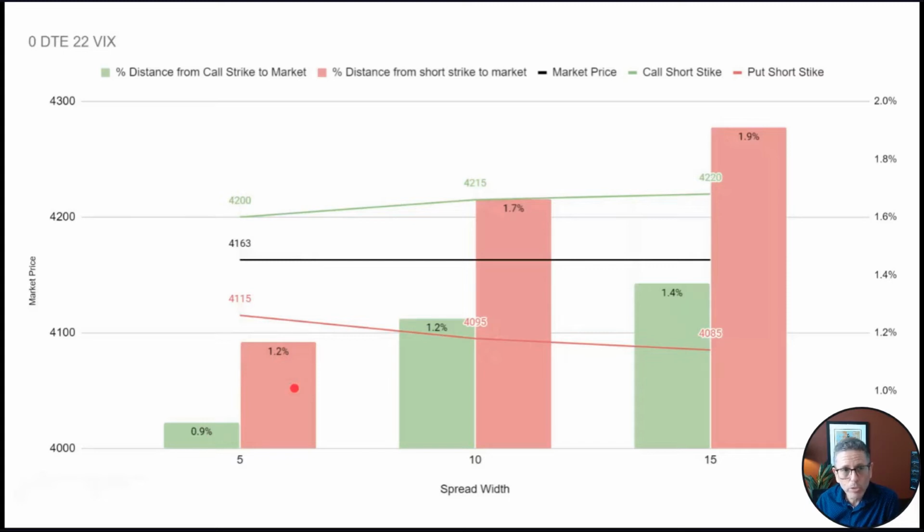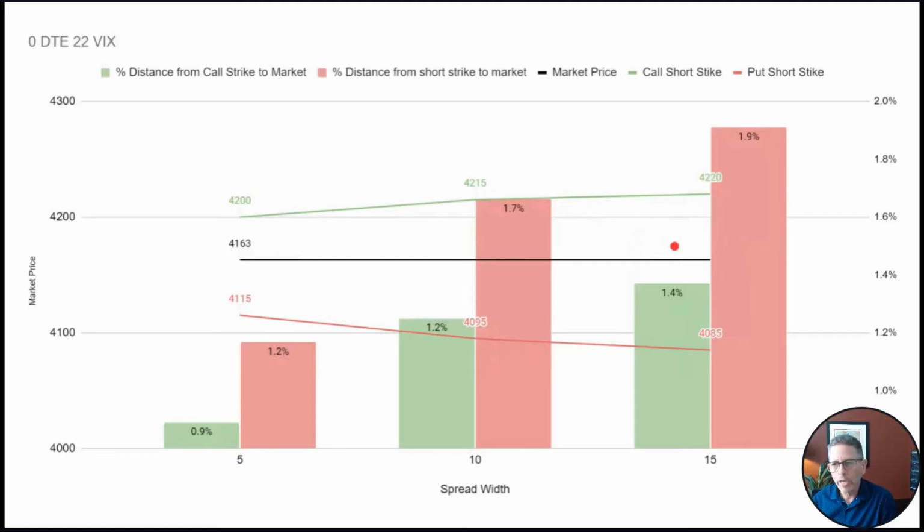It's very, very close. All right. So now you move up to 10 wide here, and you can see it's a huge, huge difference between the 5 wide and 10 wide. Now when you get to 15 wide, you can see that it's diminishing. So the return is basically diminishing.